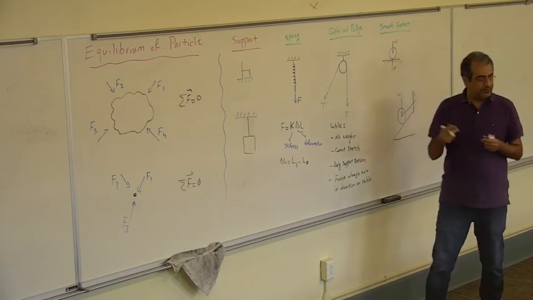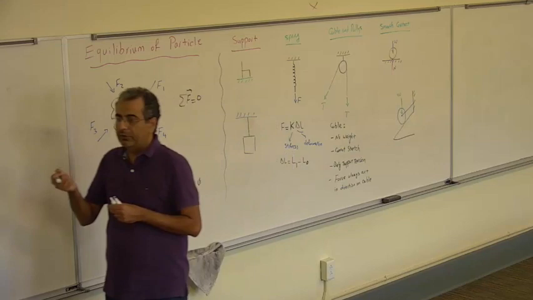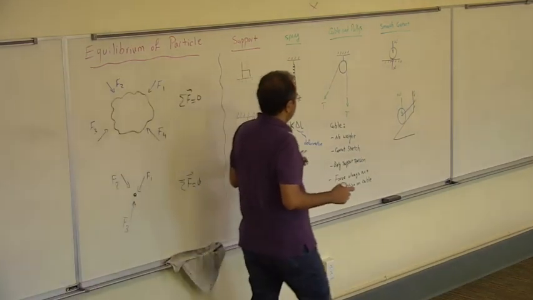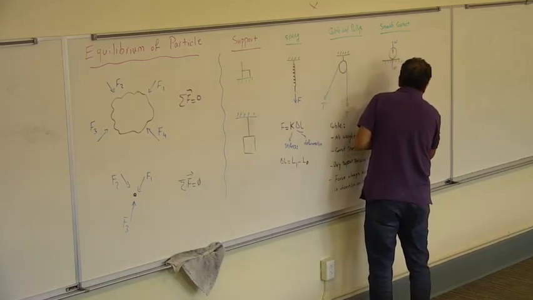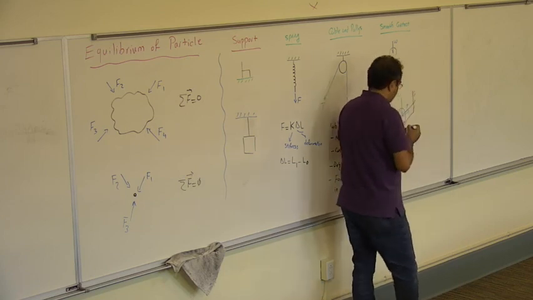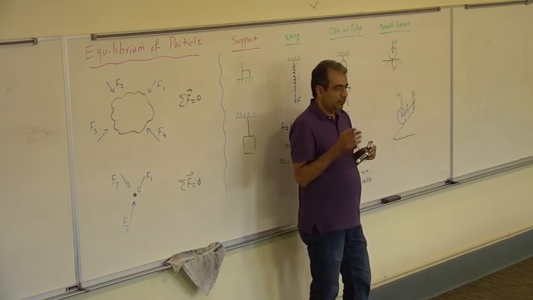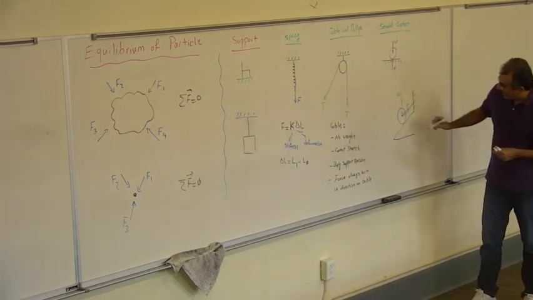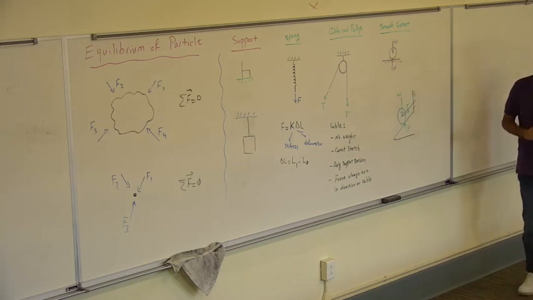The tension of the rope is going to be along the rope, pulling it that way, because it wants to hold it here. And then the normal force from the support, at the smooth contact here, normal to the surface.